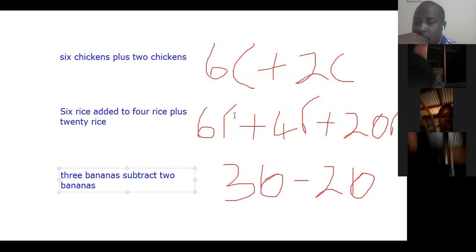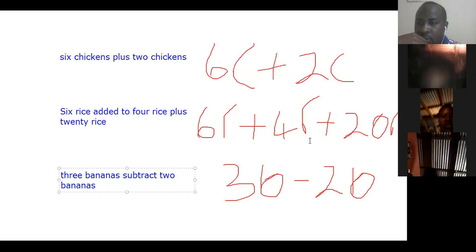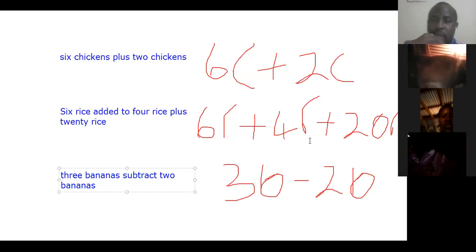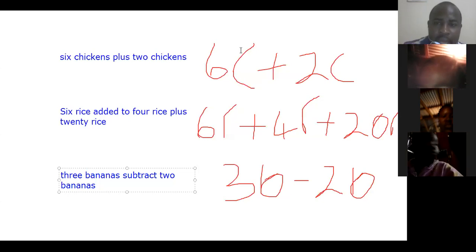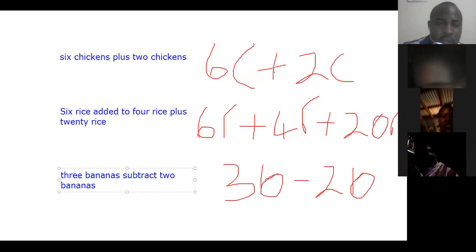Because in maths, we don't want a whole heap of words. We just want some letters and numbers. That looks easier, doesn't it? Yes, sir. So these are called expressions, okay?